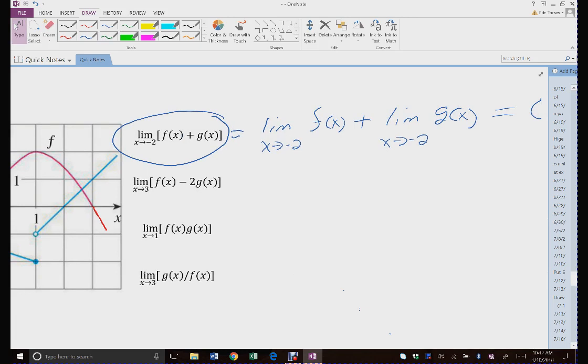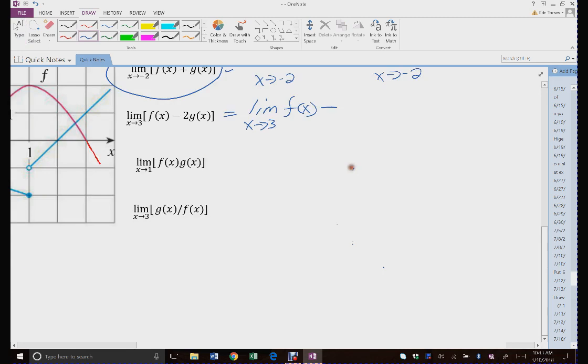So now working on the second one, I'm going to say this is the limit as x approaches 3 of f of x minus, this is limit law 2 combined with limit law 3. So I can rewrite the subtraction as two limits and bring out the multiplication on the outside.